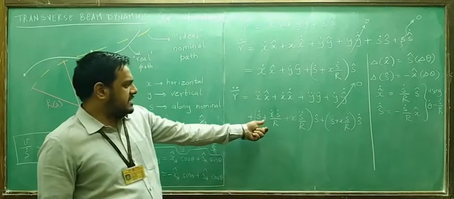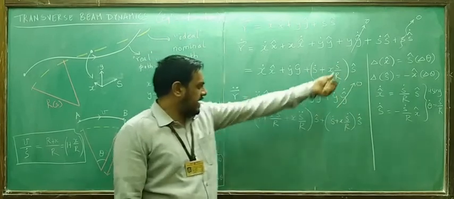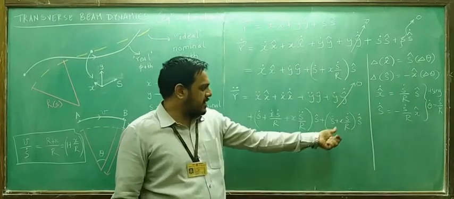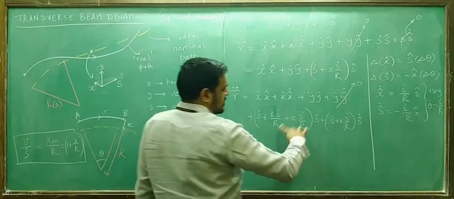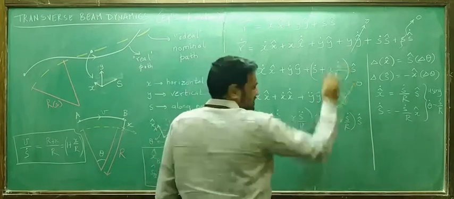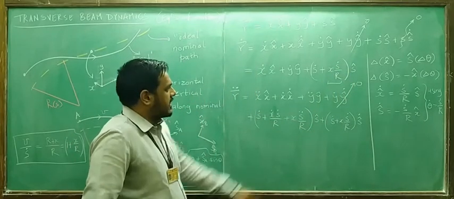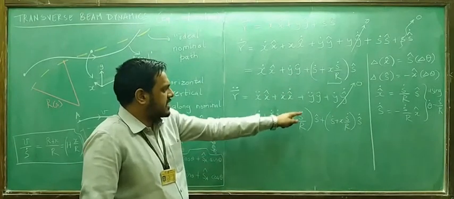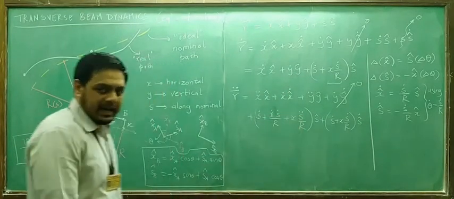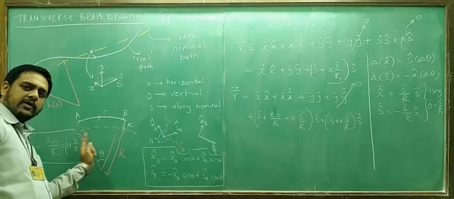This is taking the derivative of the bracket term and leaving the s hat as it is, and this is keeping the bracket term as it is and taking the derivative of the s hat term. In this one there is a chain UV rule. Basically, it is x s dot by r, so it will be x dot s dot by r plus x s double dot by r. r is treated as a constant because we have taken this over a very small angular range where r is virtually constant.